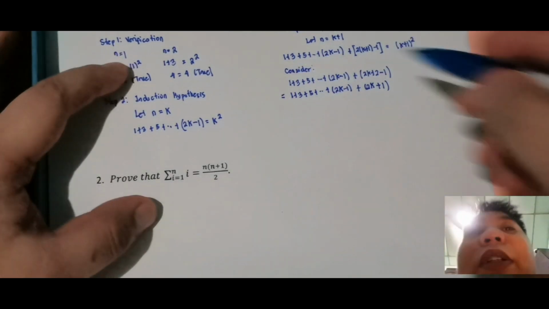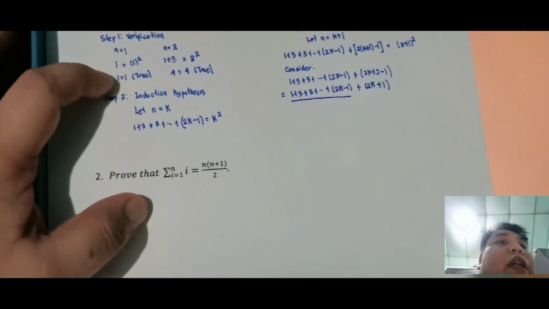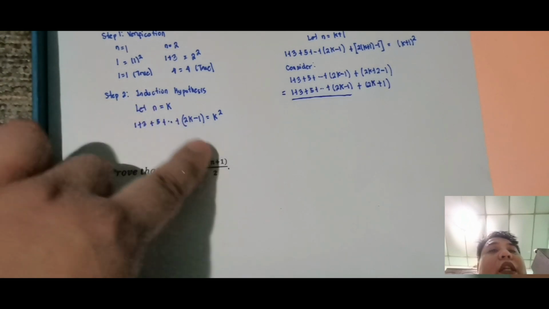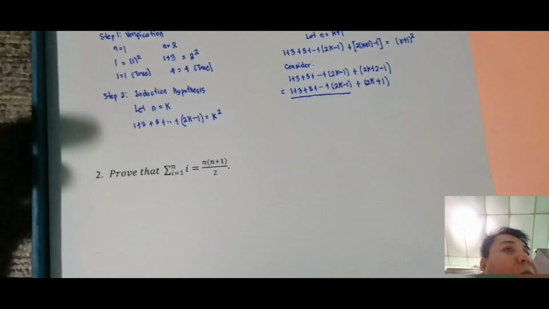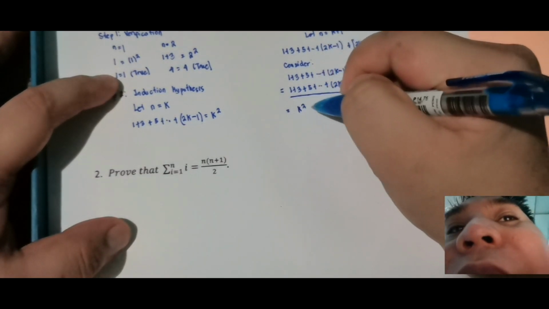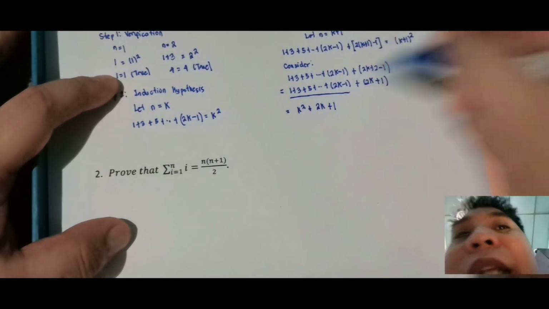Okay, so another, kung napapansin mo, itong part na to, yan ginuhita ni sir, siya ay by assumption o yung induction hypothesis natin, siya daw ay equal kay k squared. So therefore, papalitan ko siya ng k squared. This is equal sa k squared plus 2k plus 1.